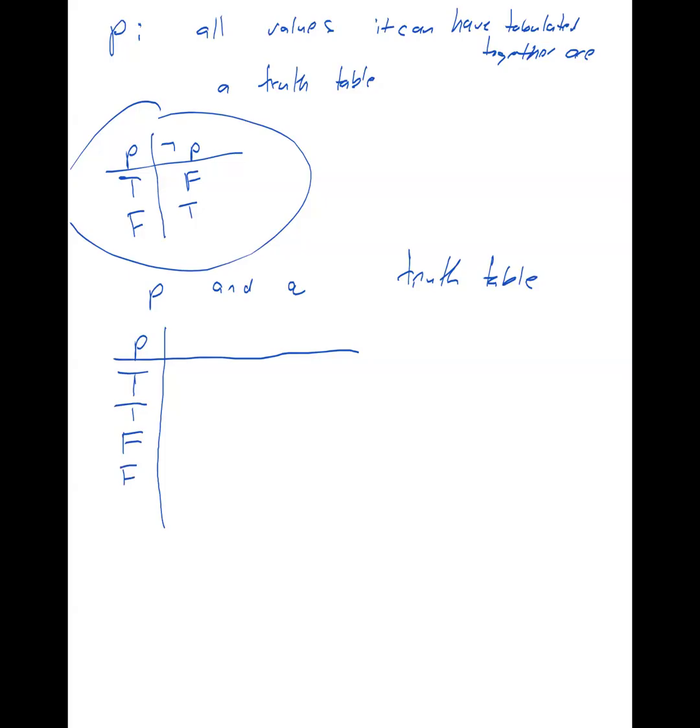Why is that? Because for each value of P, there needs to be every possible value of Q. So if P is true, Q could be true or false. And if P is false, Q could also be true or false. It's just like going to a restaurant and picking how many different toppings you want.